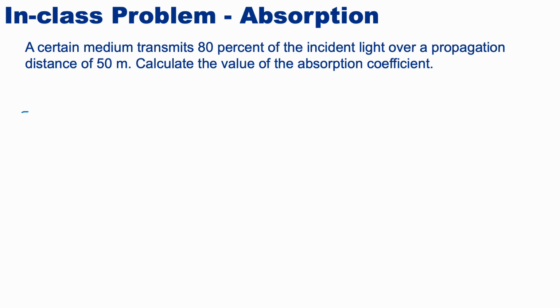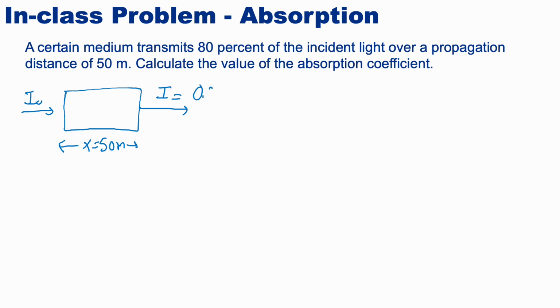So we have our input, a medium where we don't know the absorption coefficient, but we know the light travels 50 meters, and at the output the transmitted light is 80% of the incident one. If we want to apply Beer's law, we need to find alpha. Alpha is what the problem is asking us.